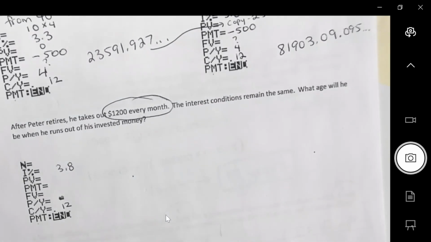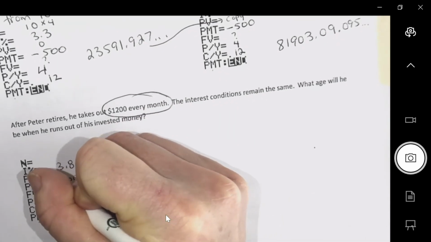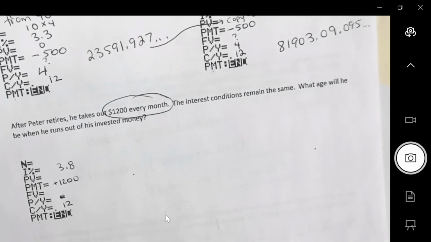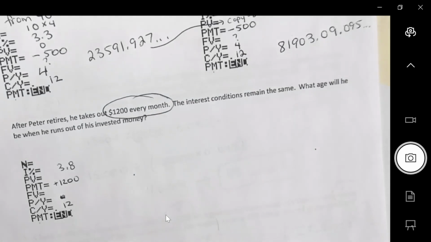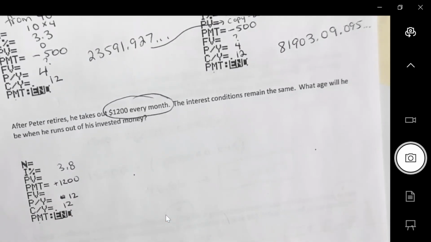Ready? We're going to take out 1,200 every month. So the payment is going to be a positive because it's not money out of my pocket, it's money into my pocket every month. So that's 12.